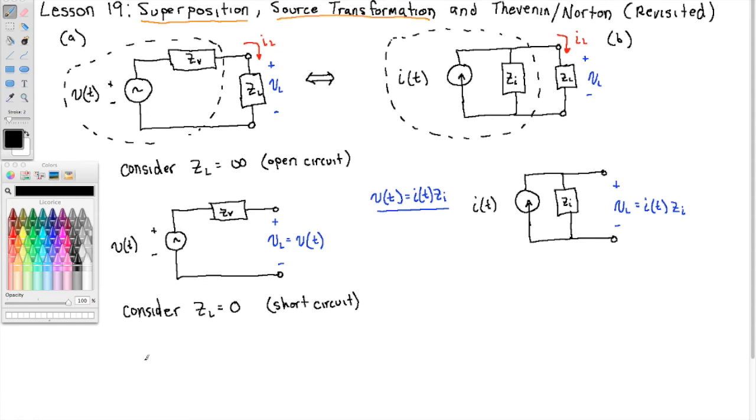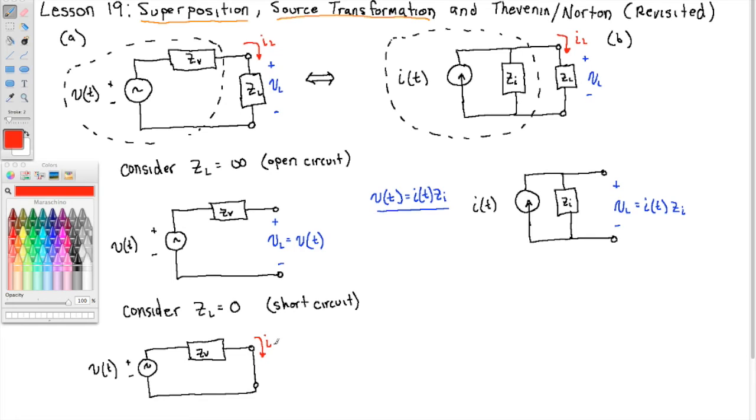In picture A, I'll have something that looks like this, ZV connected to a short. Now the voltage across the short is 0, but this is going to bring some current.